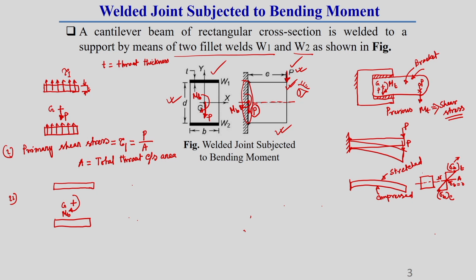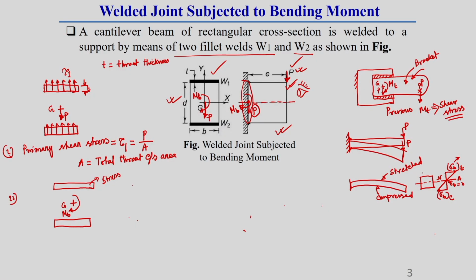This bending moment will develop a stress in this weld throat area, that stress is called normal stress, because this bending moment does not try to rotate that weld structure. What I am telling, understand, it either tries to stress that weld joint or compress that weld joint. That is why this bending moment will develop a normal stress.